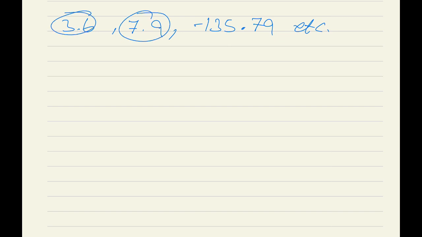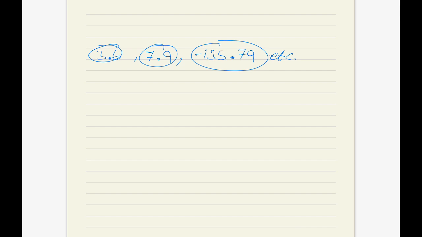For example, 3.6, 7.9, -135.79, etc. Real numbers mean numbers that have a decimal point, like 7.9, 3.6, -135.79, like that.